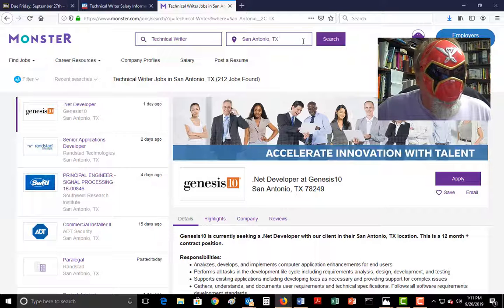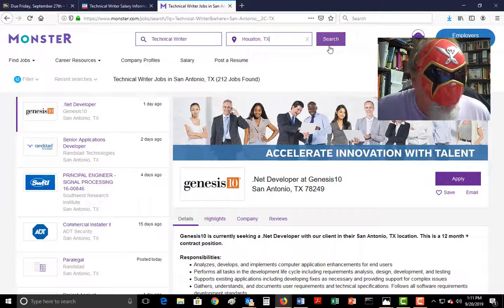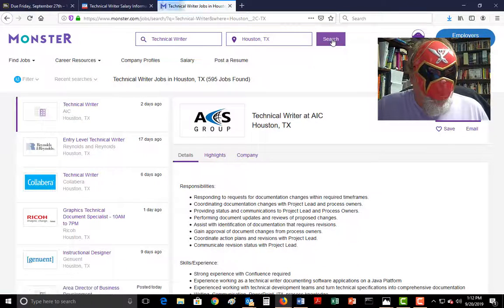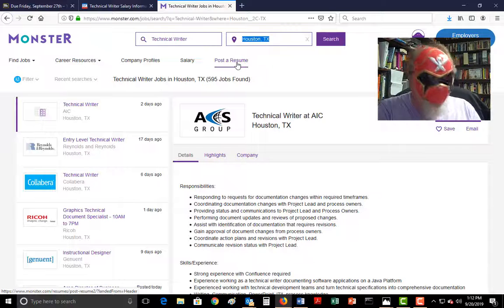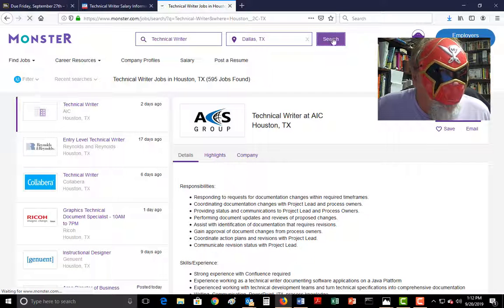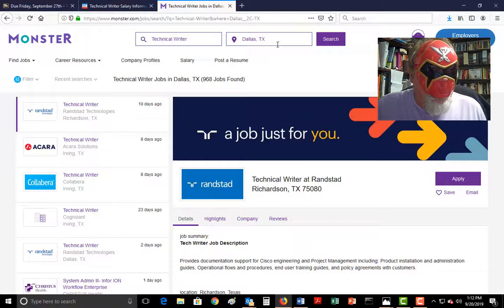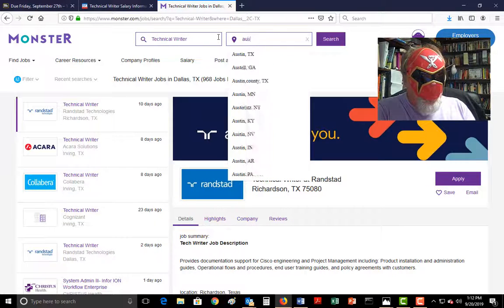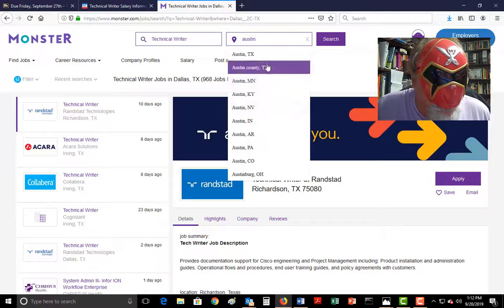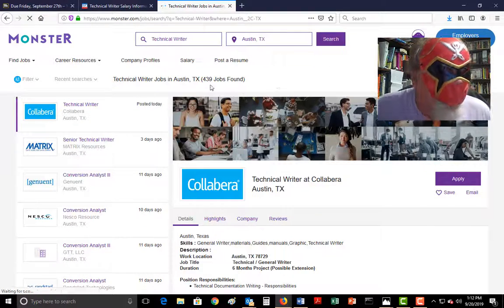Let's try another location. Let's try Houston. 595 jobs found. Now bear in mind, these are jobs that are open today. Let's try Dallas. 968 jobs. Well, surely Austin, Texas. 439 jobs found.